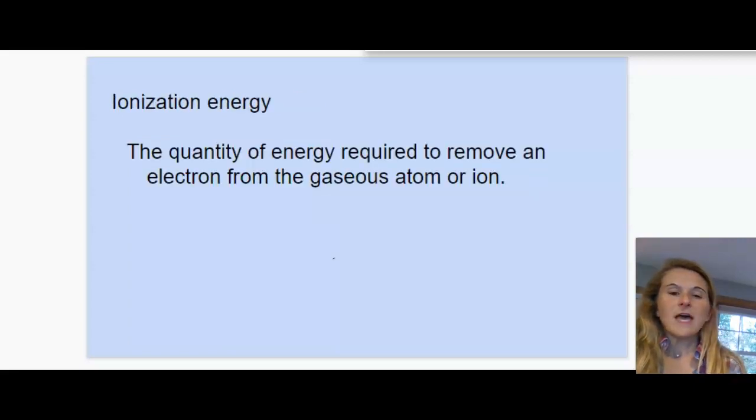So a reminder that ionization energy is the quantity of energy required to remove an electron from an atom or ion in its gaseous phase. Ionization energy is caused by Coulomb's law, this relationship between the charges and the distances.